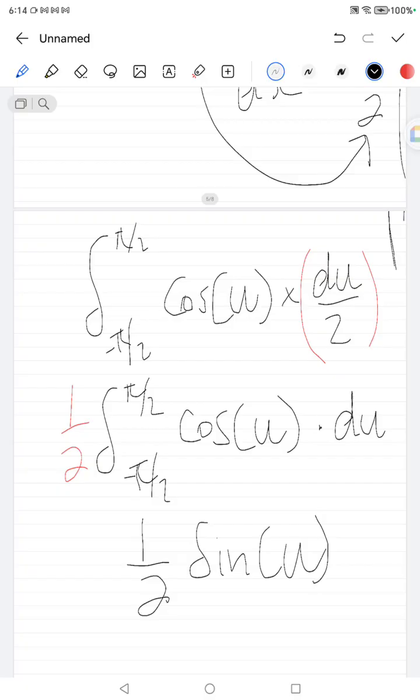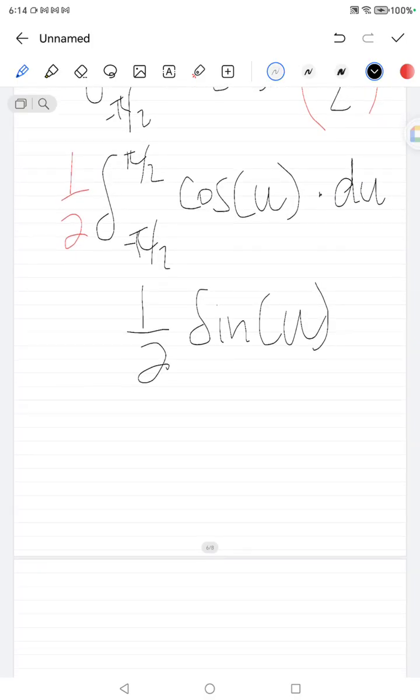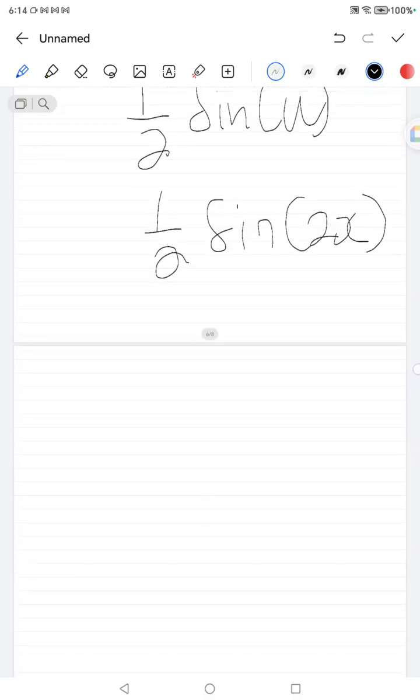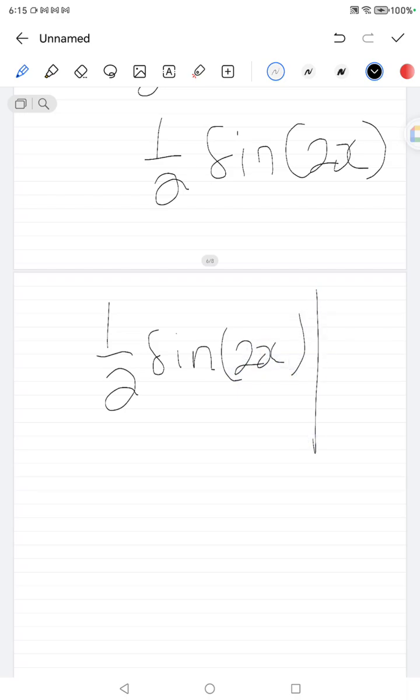Now you substitute back, so you have 1 over 2 sine of 2x, but now you're working from pi over 2 to minus pi over 2.